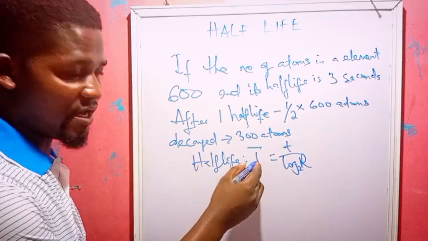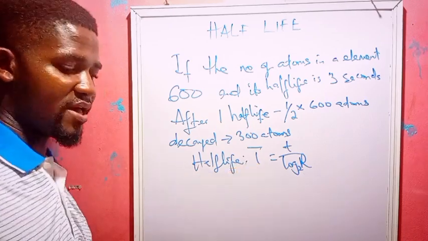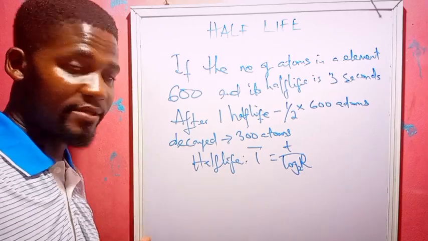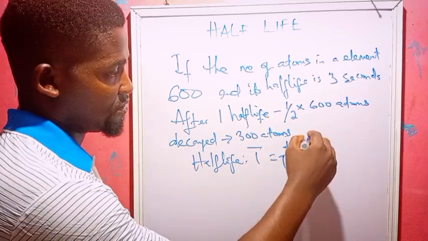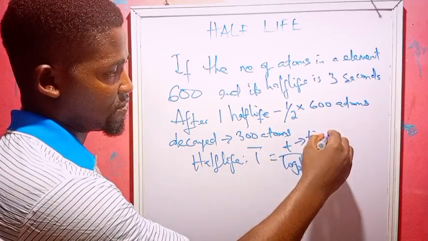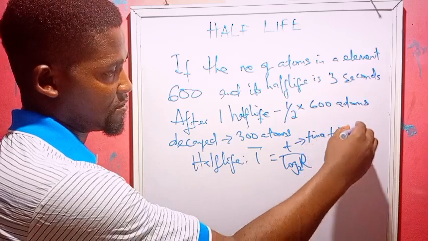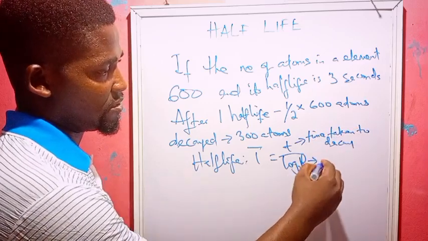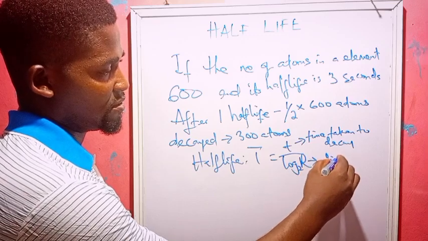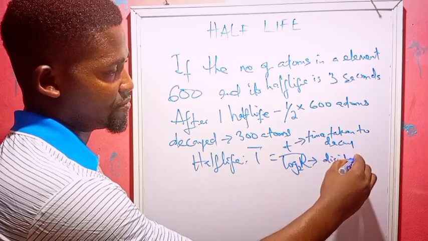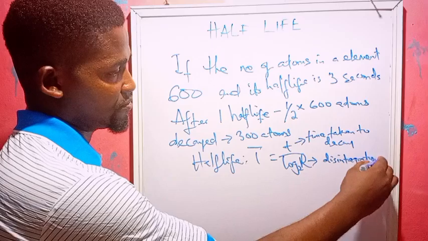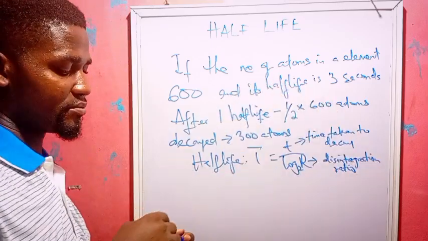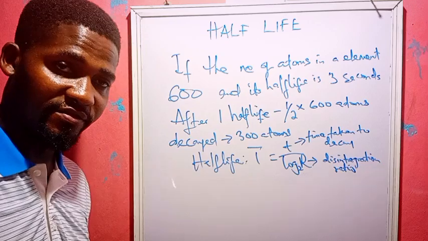Capital T here is the half-life, while small t is the time taken for the element to decay. R is the disintegration ratio. I hope you're following.